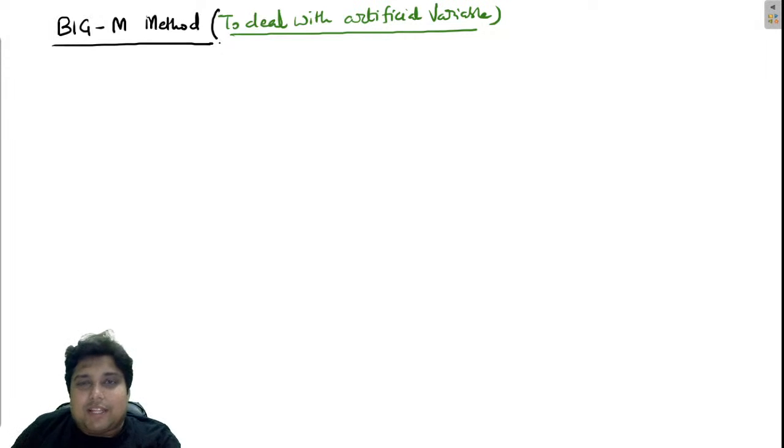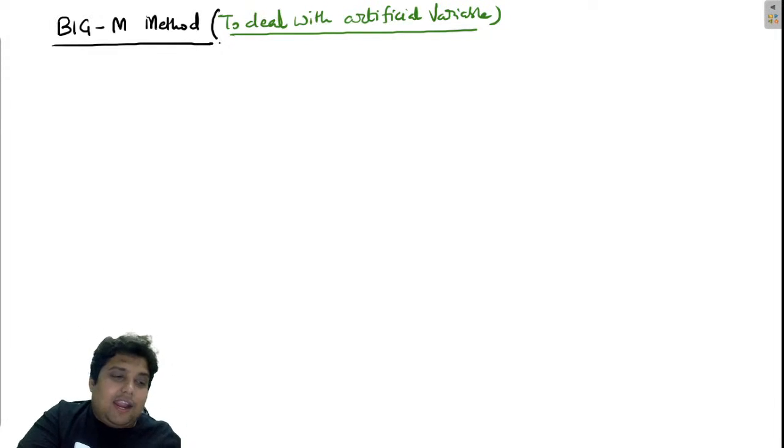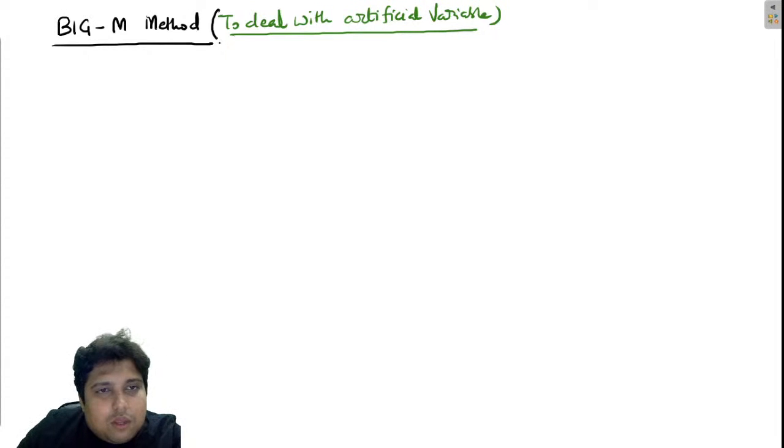So what is the big M method? Let me just write that content for you. Let me write from the very beginning why we added the artificial variable, and then I will write about the big M method.